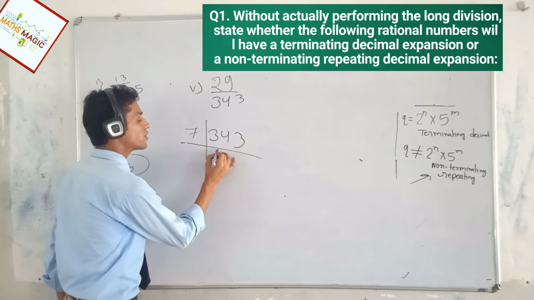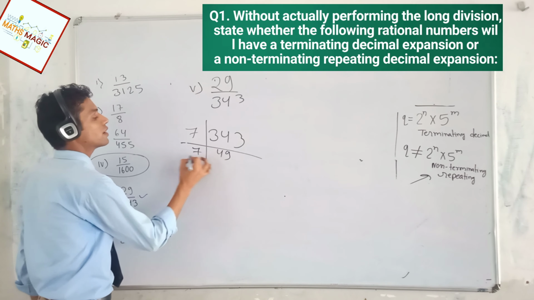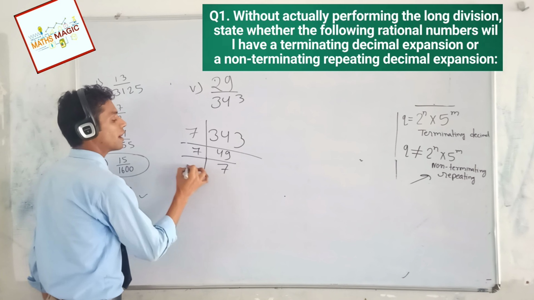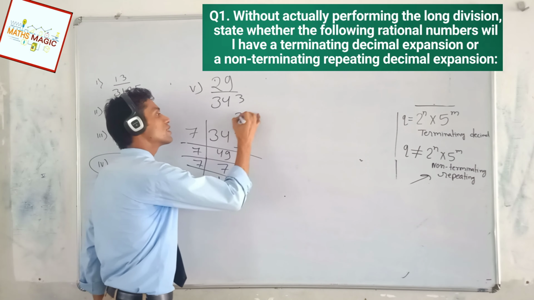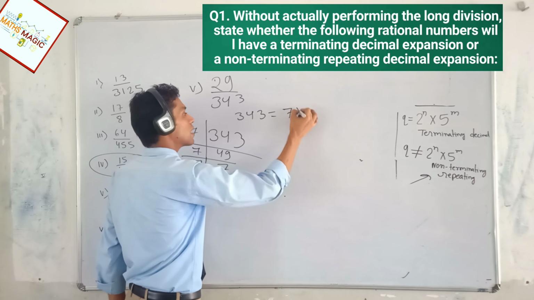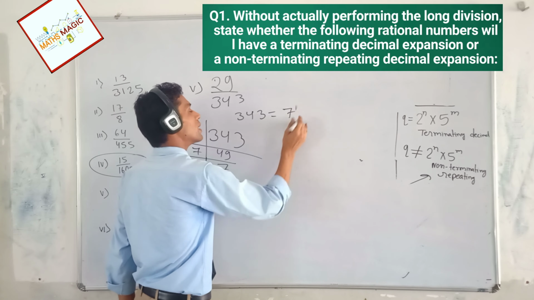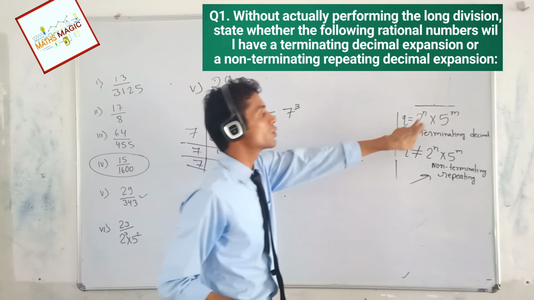So now, 49 times, and again 7, this is 7 times, again 7, this is 1 time. So what is the factorization of 343? It can be written as 7 to the power 3. Now, is this in the form of 2^n 5^m?